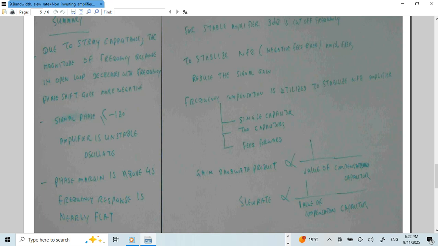We use the frequency compensation method, which can be the feed-forward method, single capacitor, or two capacitor.